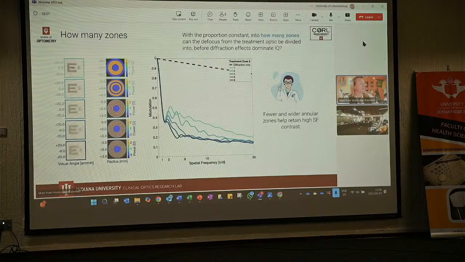And here we can see that the proportion is what governs the contrast retention the most. But split annuli into more and more zones, and when we have a different optic, then the image quality is worse and worse. So if image quality and contrast retention is our goal, it's better to have one zone.